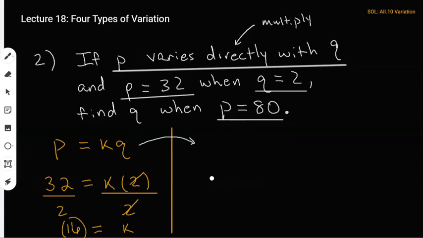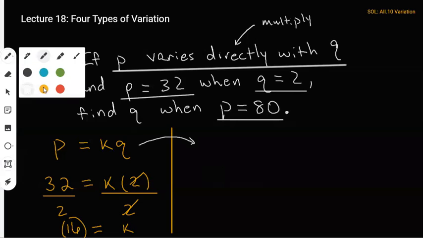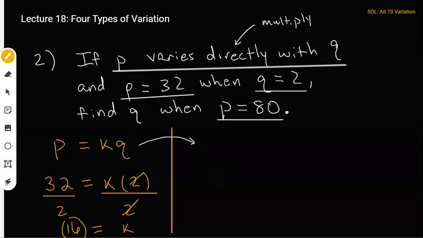So what I'm going to do is, on the right side, carry over the equation that we just wrote down, that P equals K times Q. But instead of having a K there, I know that K is going to be equal to 16. We just found that. So I'm going to plug in 16 for K. So I get P is equal to 16 times Q.